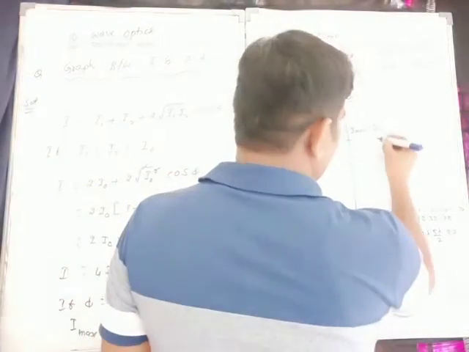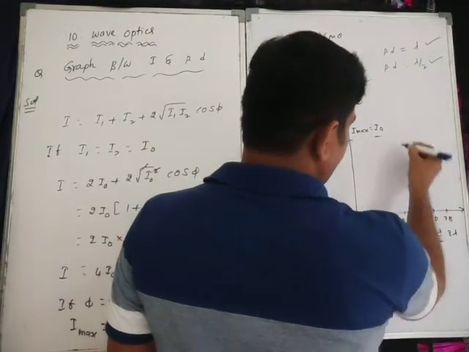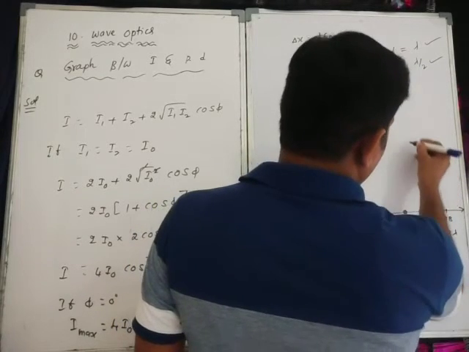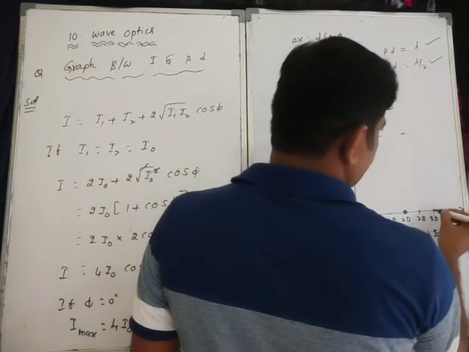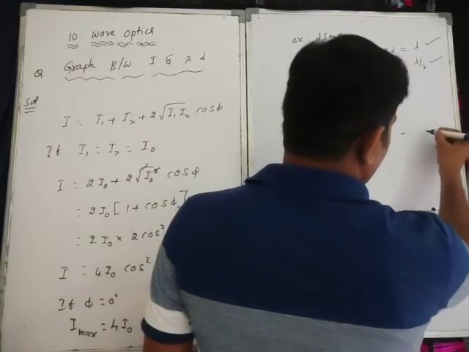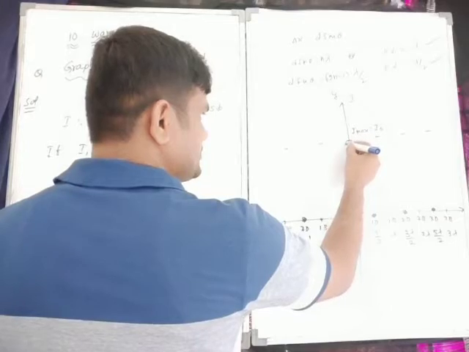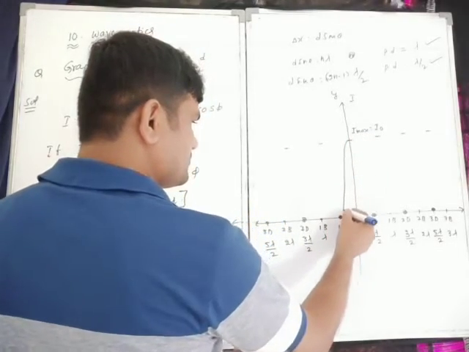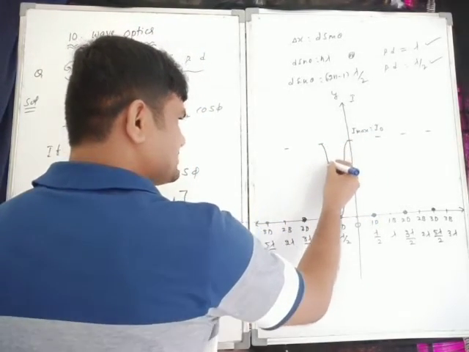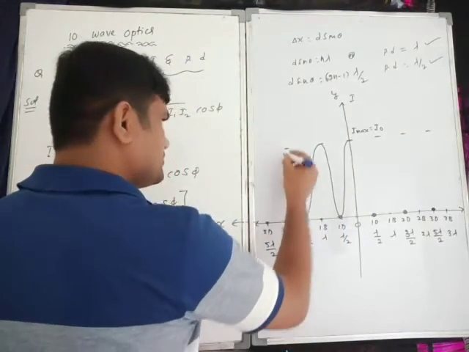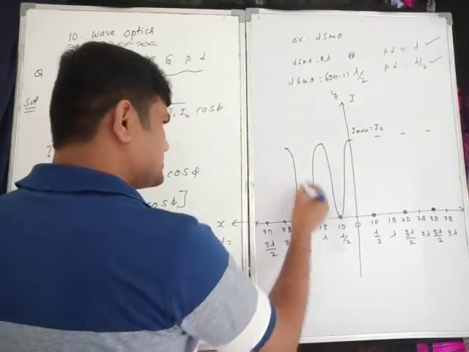So now you can draw the graph: maximum to 0, 0 to maximum, and again maximum to 0 and 0 to maximum.